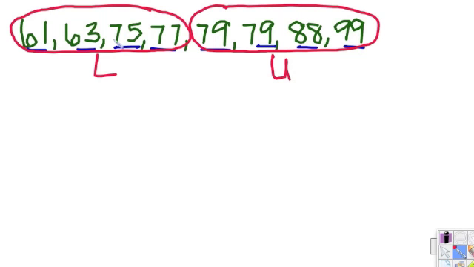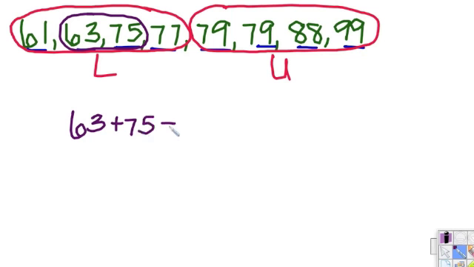So what's the median of our lower group? It would actually be between 63 and 75. If you remember, when we had two middle numbers, we do 63 plus 75, divide by 2.